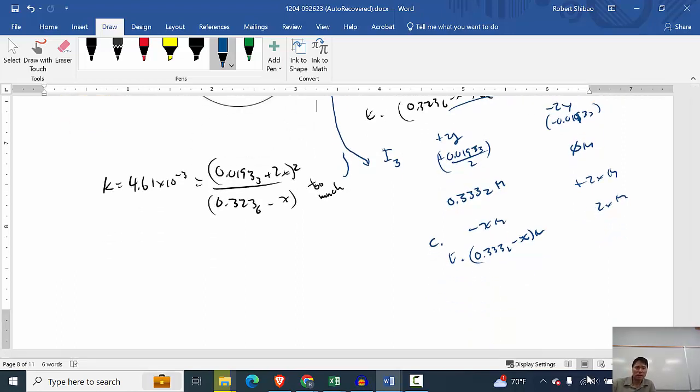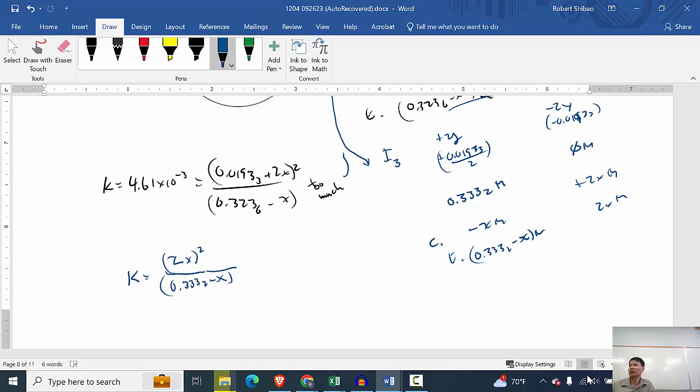So now let's look at K again and compare here. K is going to equal (2x) squared divided by 0.3332 minus x. Which one of these two would you rather solve for the quadratic?